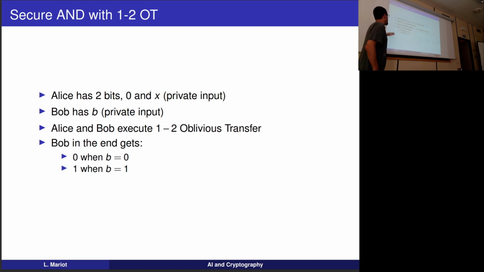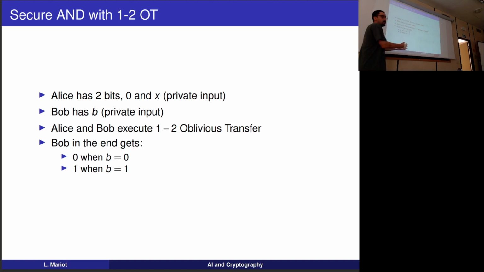Because if he doesn't like pizza, for example, then B is equal to 0, and this is equivalent to this message that is always set to 0. On the other hand, when he says, I like pizza, so I want to see also what the other bit is, he will get 1 only if he selects the second message, which is the private input of Alice.